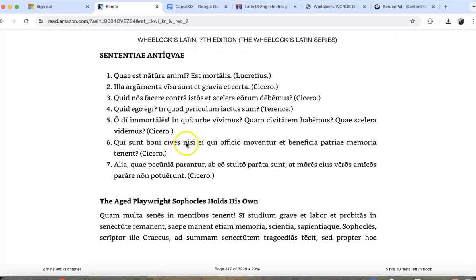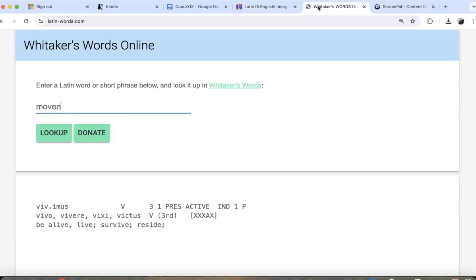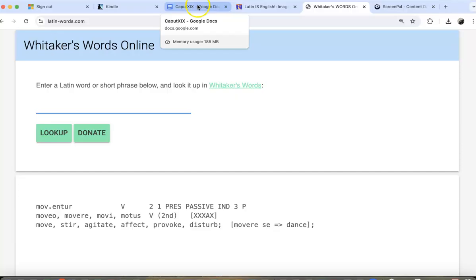So once we have that, we have unless those who, and then moventur's third person plural, agreeing with qui. So are moved or are being moved. And so that is simply present passive. Once again, if we're not sure, we're going to have to do a little bit of analysis or just work to look these up. So present passive indicative. So are moved is probably how I would translate this or read this rather.